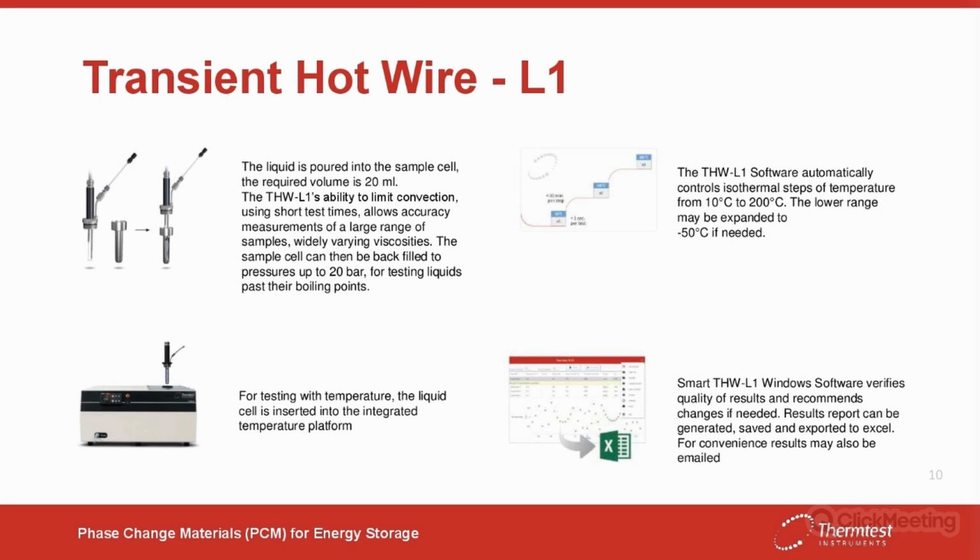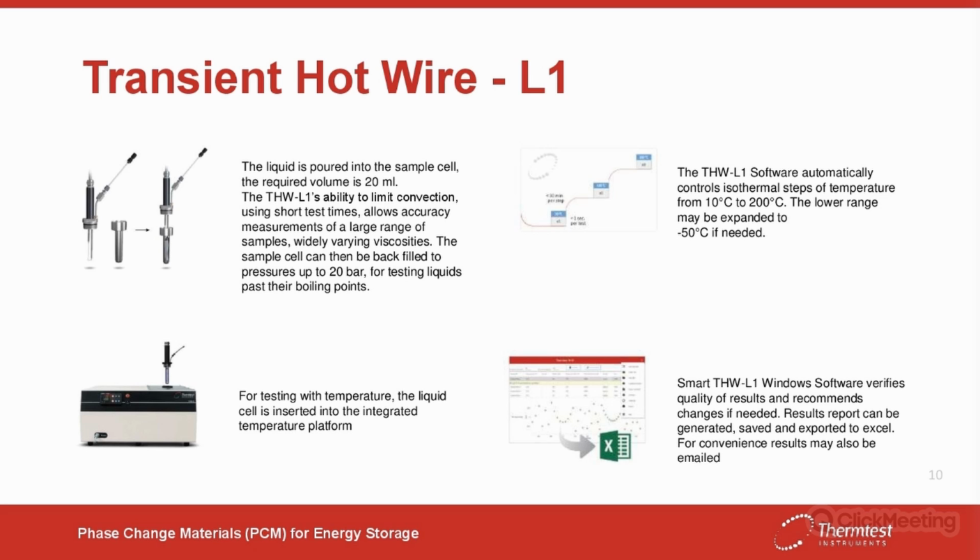Later, when we take the measurement, the THW L1 software allows automatic control of the isothermal steps of the temperature from 10 to 200 degrees for the basic model, or down to -50 or -150 for the other models.